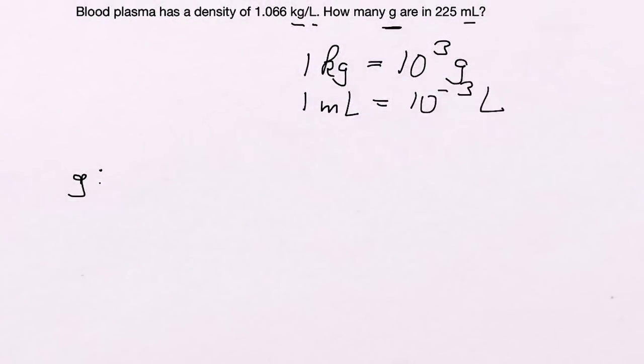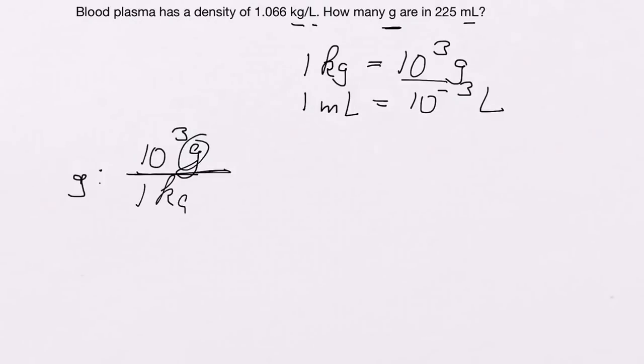So, do we have grams anywhere? Yes, we have the grams here. So we have 10 to the 3 grams, and we write it that the unit that we are looking for, these grams, are on top of this fraction line. We have down here 1 kilogram.